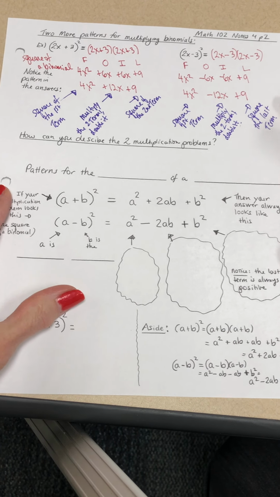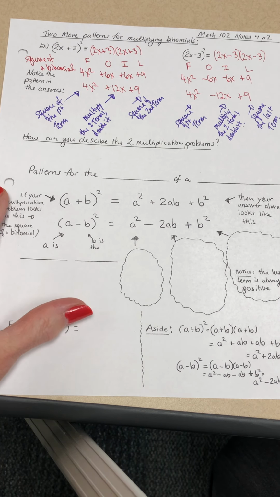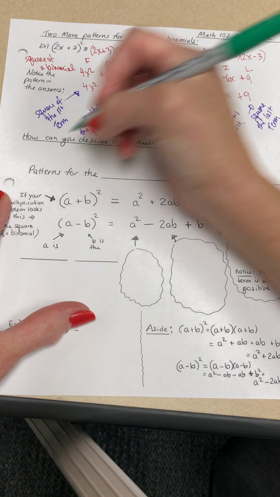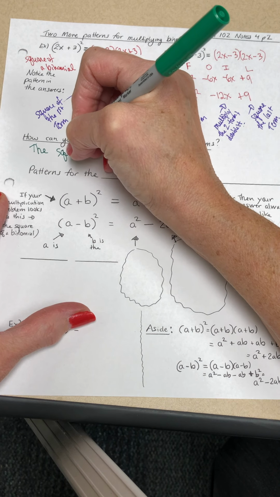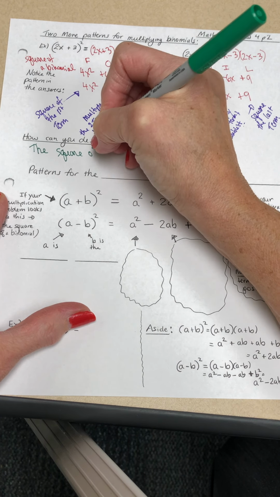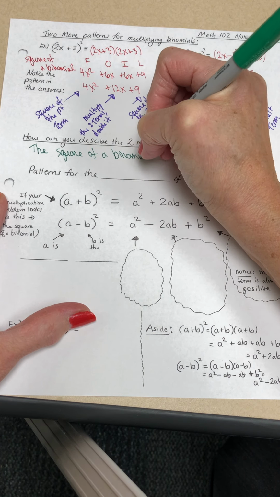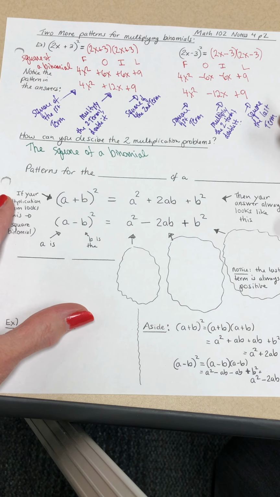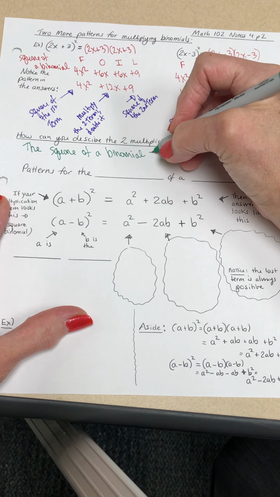And then this question here is the language. I really can't overemphasize how important it is for you to have the language to identify the problem. So the problem that we have is the square of a binomial. And every time you see the square of a binomial, you're really going to have two ways to multiply it out.